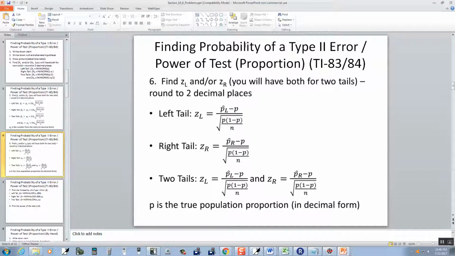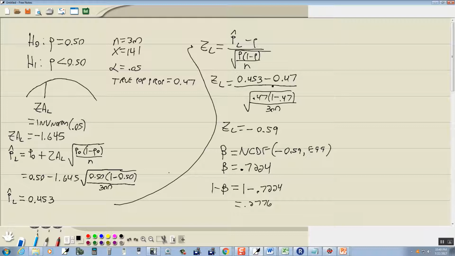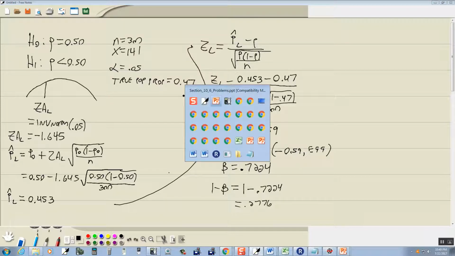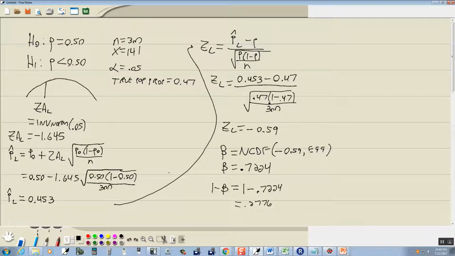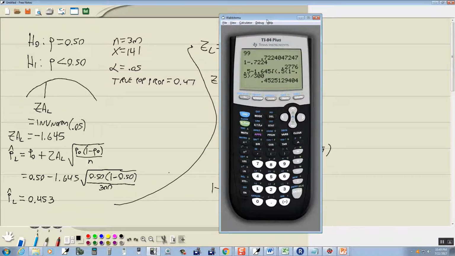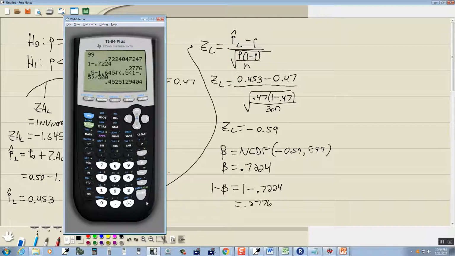Z is P hat sub L minus P over the square root of P. Okay, 0.453 minus the true population proportion, which is 0.47, divided by the square root of 0.47 times 1 minus 0.47, divided by 300.